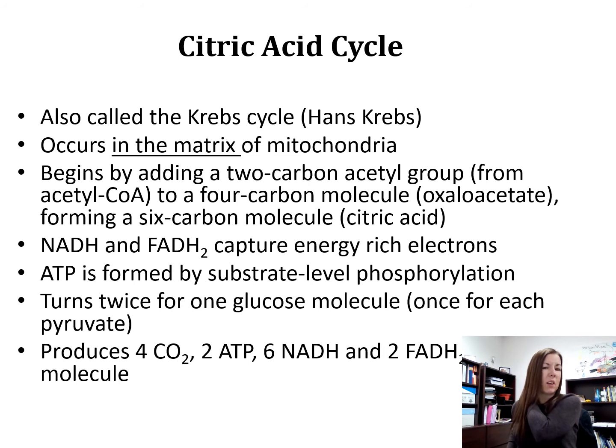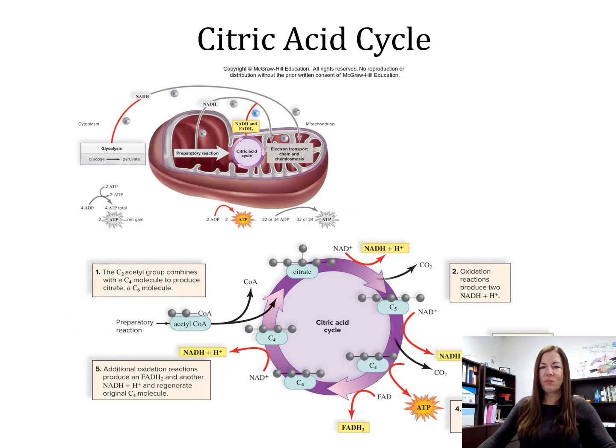So you're able to produce 2 ATP. It happens in the matrix of the mitochondria, and you're also able to make some NADH and FADH. So this shows you the citric acid cycle.